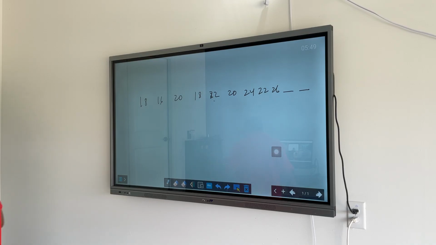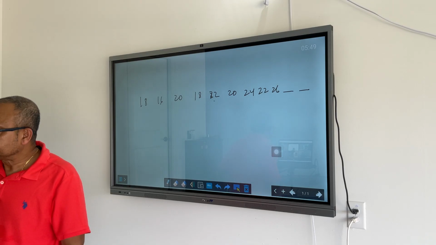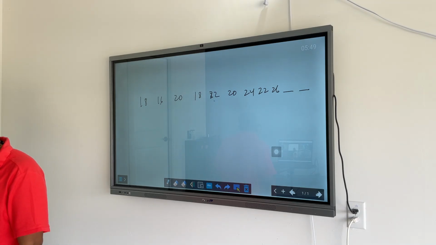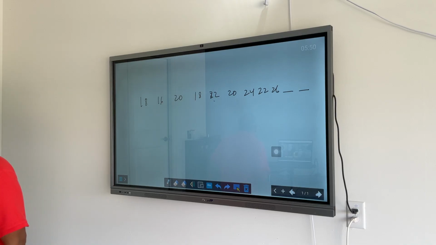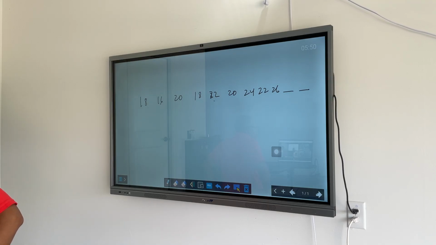And again, yes, Mandeep. 24, 28. And the rule is? +2. No, -2 +4. Okay. Nick? The rule is +2 and -4, and then the missing numbers are 24 and 28.